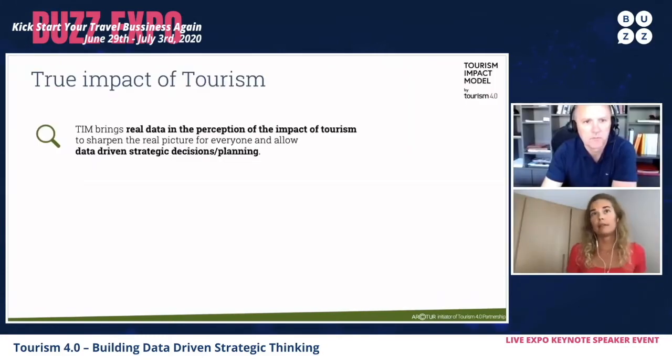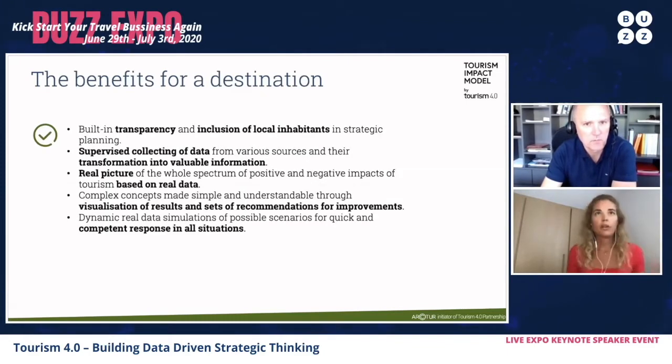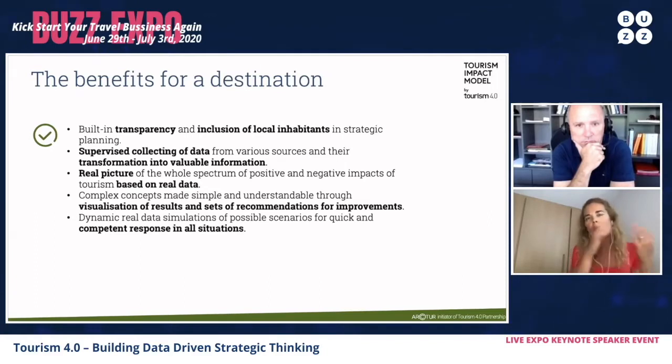To bring real data into the perception of the impact of tourism, and to enable data-driven strategic thinking and planning, which is missing in tourism. As I already mentioned, built-in transparency and inclusion of local inhabitants are important, and we will now show the process: a supervised collecting of data, mapping of data, to get a real picture of the whole spectrum of positive and negative impacts of tourism, because we believe that tourism has a lot of positive impacts.